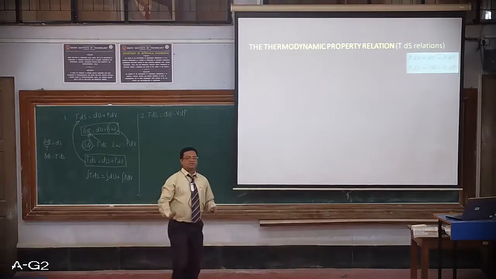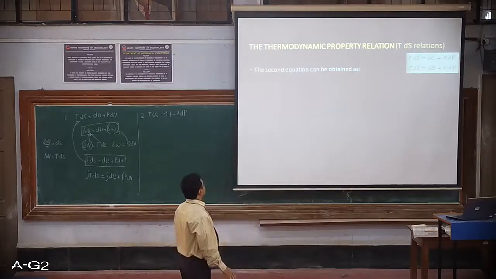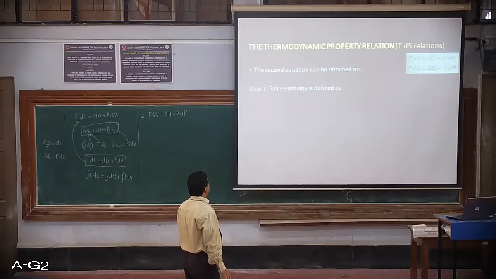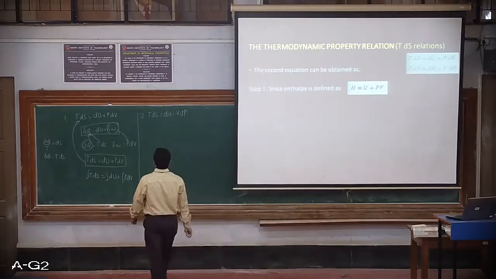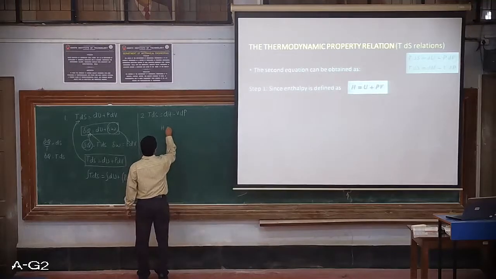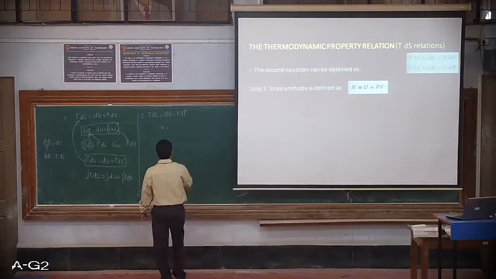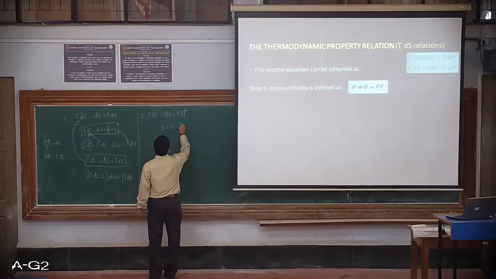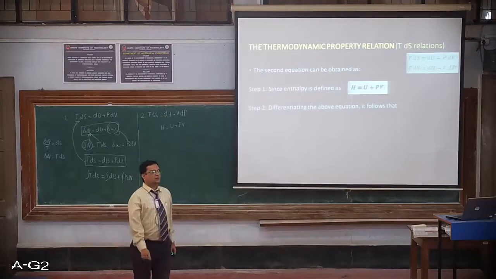Same three steps are there. Look into this. The second equation can be obtained as follows. We know how the enthalpy is defined: total enthalpy H is equal to U plus PV.